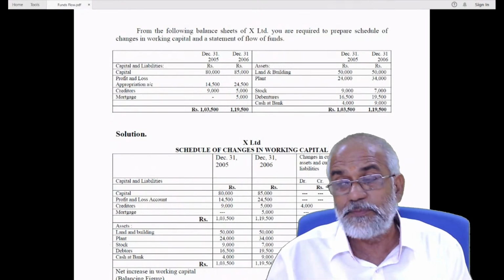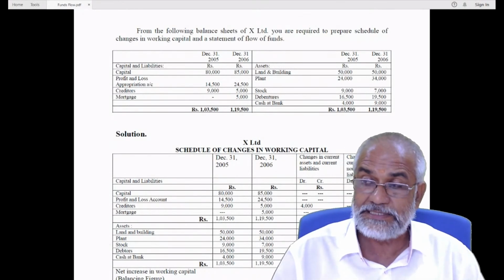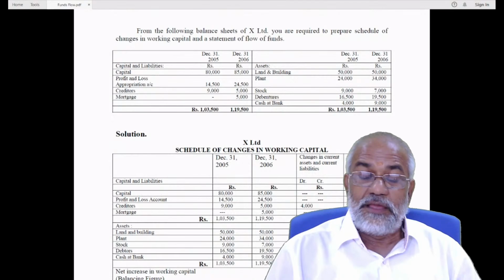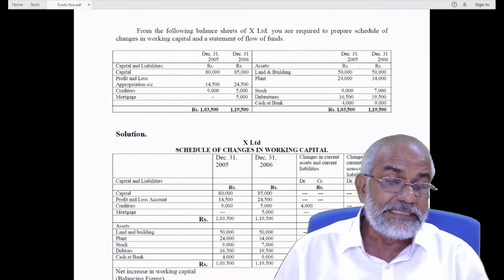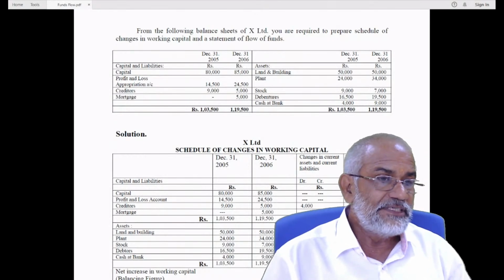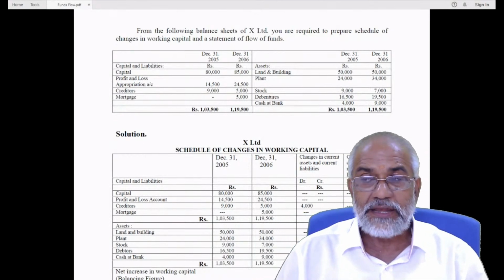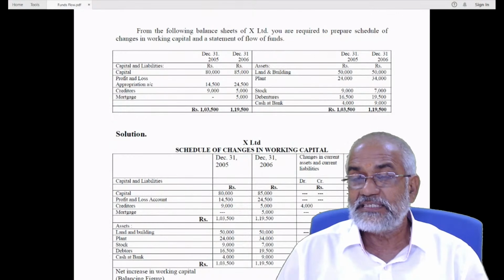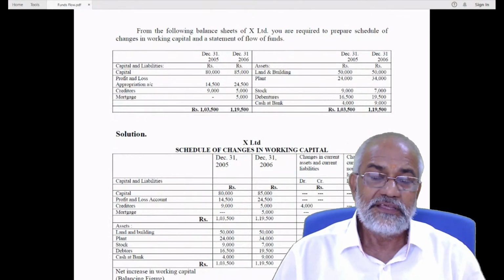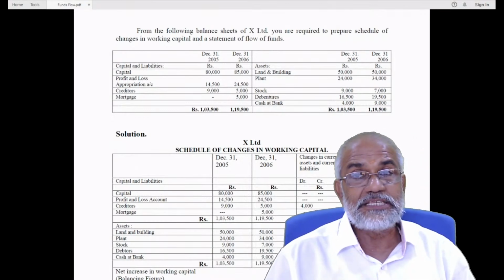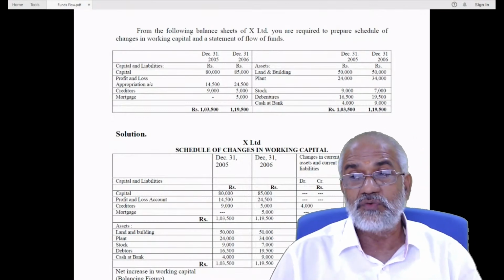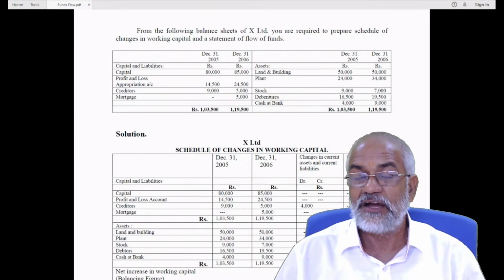The second step in preparation of the funds flow statement is preparation of individual accounts involving hidden transactions. Individual accounts need to be prepared wherein the transactions are supposed to be hidden. The third is preparation of the memorandum profit and loss account, or the adjusted profit and loss account.